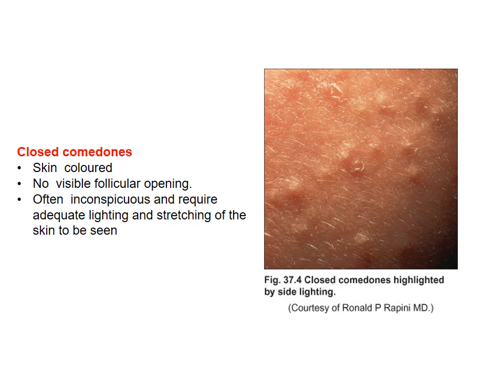Closed comedones are skin colored, with no visible follicular opening, often inconspicuous, and require adequate lighting and stretching of the skin to see. These are the closed comedones, skin colored or whiteheads.